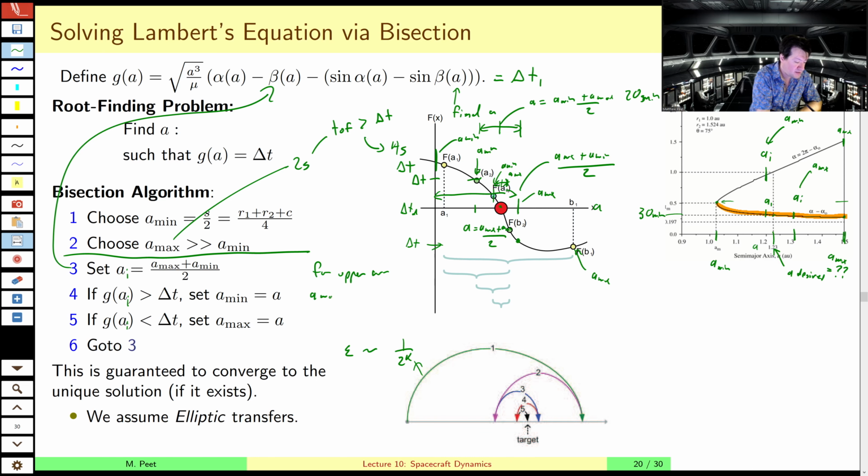So A max equals A, and A min equals A in this step, right? Because we're going the opposite direction. So if delta t is greater than T max, we're at the A max, and if delta t is less than, we're at the A. We have a new A min, right? So it reverses those steps.